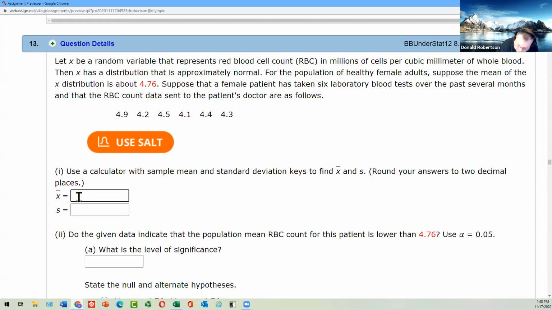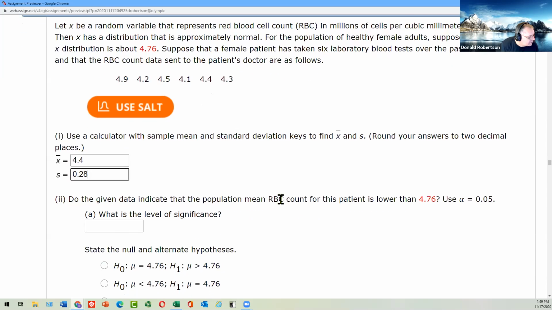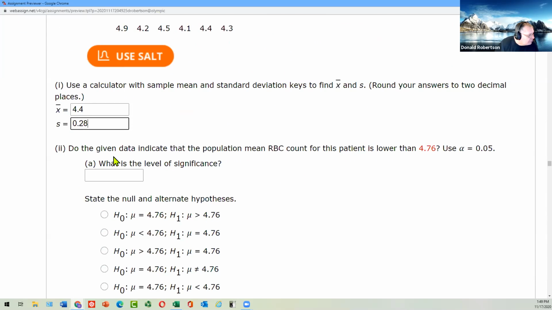So you go here and you type in 4.4, the mean. You go here and you type in the standard deviation, to 2 decimal places, so 0.28. Now, do the given data indicate the population mean is lower than that with that significance level?